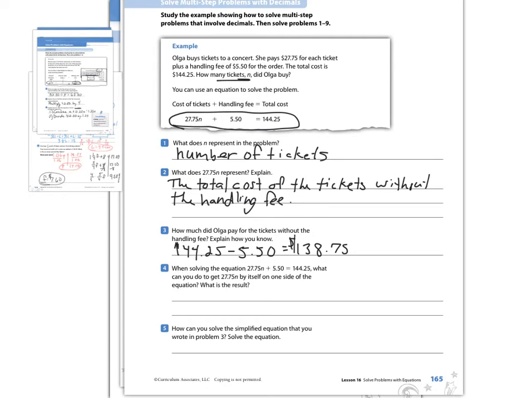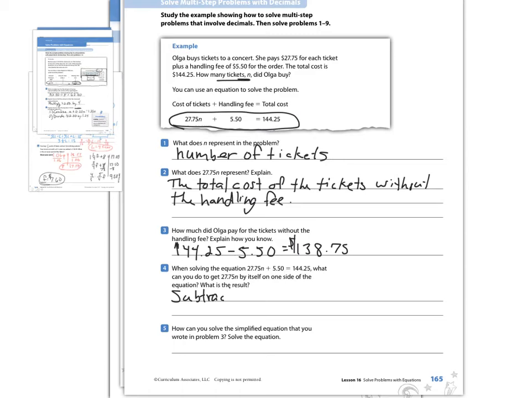Number four, if we were solving the equation 27.75 times N plus $5.50 equal to $144.25, what can you do to get the 27.75N by itself on one side of the equation? What is the result? Okay, to isolate the variable term, we would use the inverse of adding $5.50. So what would we do?